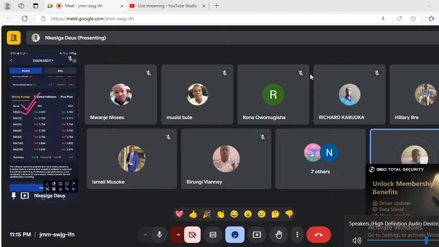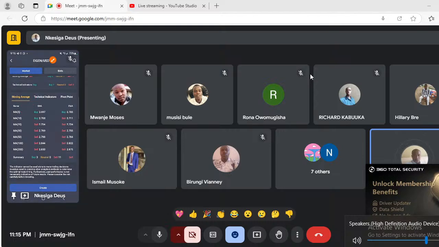We can see we have one buy, another one, then another one. We only have 3 buys. There is no way you can buy this coin, yet we have only 3 buys and we have 11 sells.